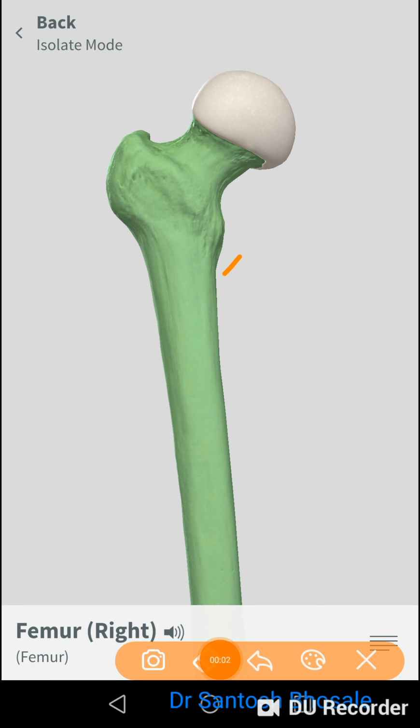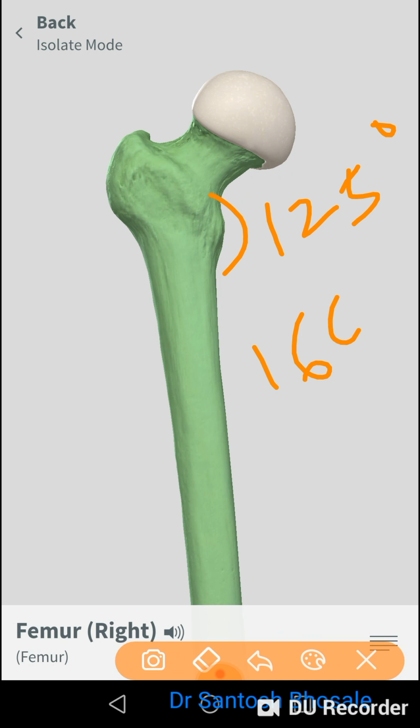The neck makes an angle with the shaft, which is around 125 degrees in adults and around 160 degrees in children. The angle facilitates the movements of the hip joint and is strengthened by the thickening of the bone on the medial side along its concavity.